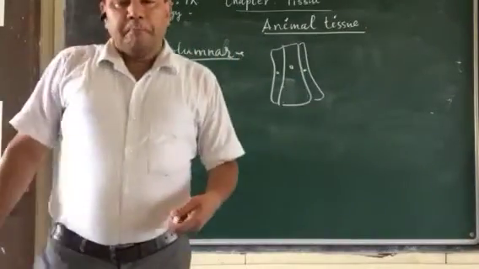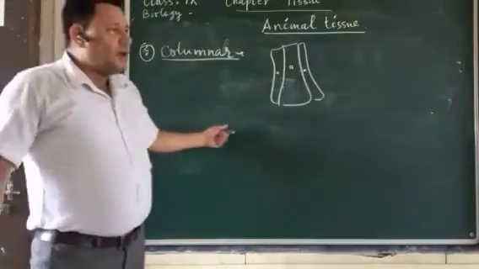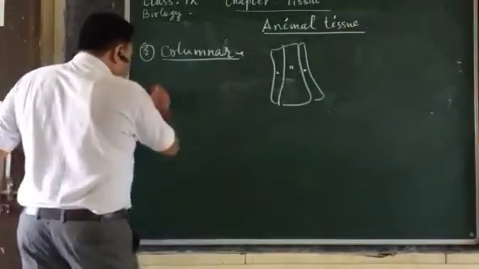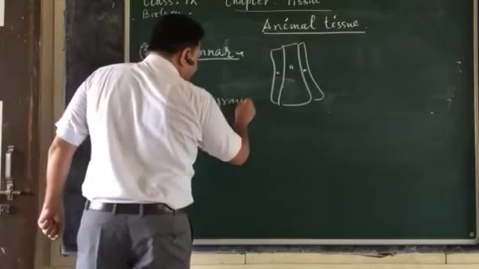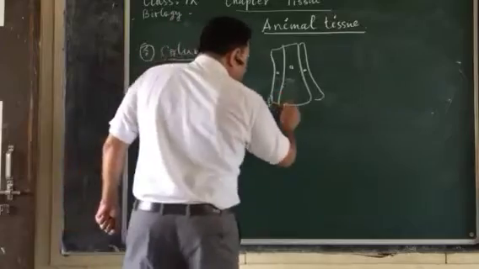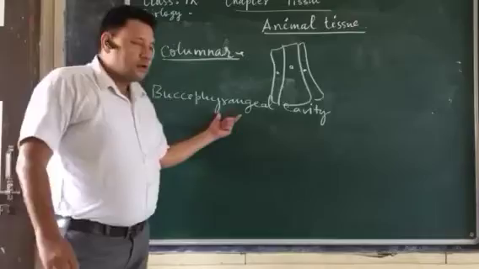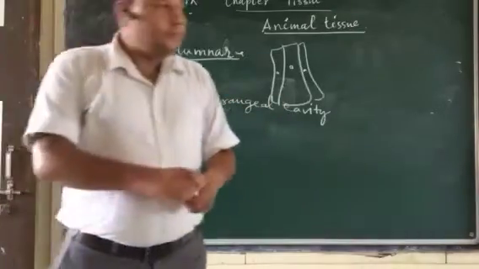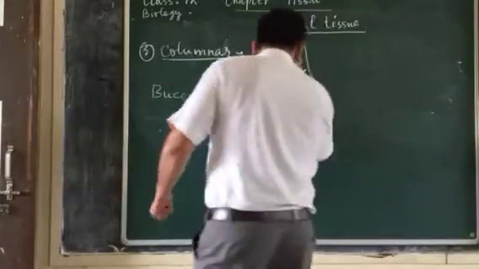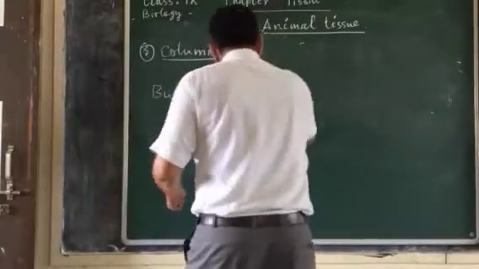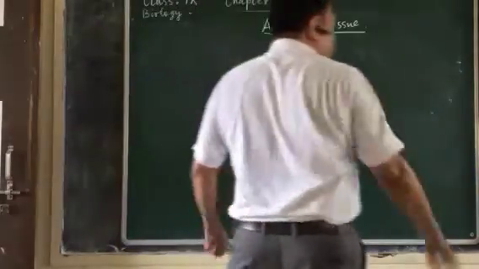They are pillar-like cells. They will be present in the buccopharyngeal cavity. In the alimentary canal also they will be present. They are columnar type of epithelial tissues.